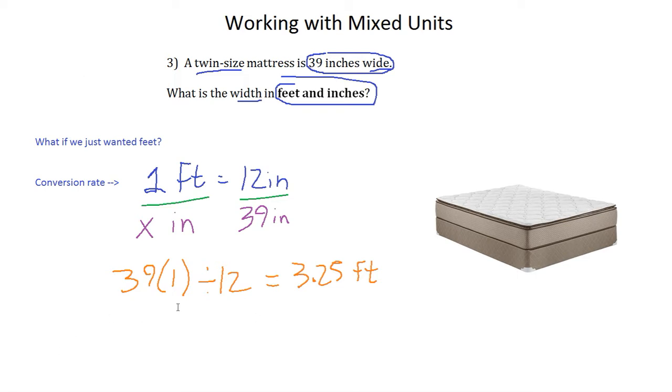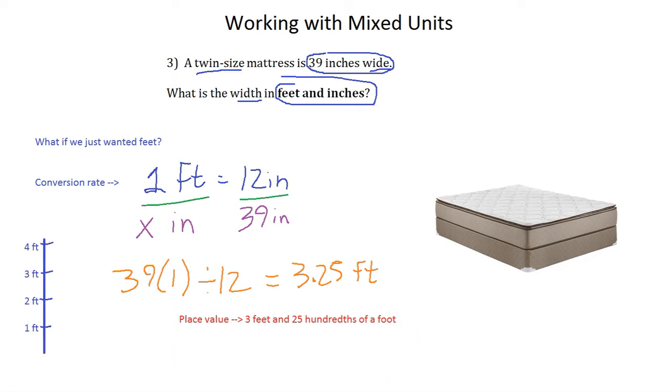Place value: this would be 3 and 25 hundredths of a foot. Or 3 feet and then another 25 hundredths of a foot is what we'd have there. So it's not 25 inches, or 2.5 inches or anything like that. It's 25 hundredths of a foot. That's what that decimal is, okay? So don't forget that place value. That's very important.